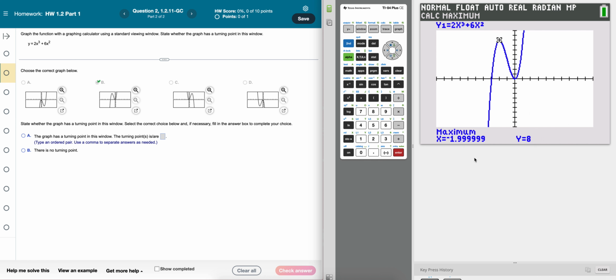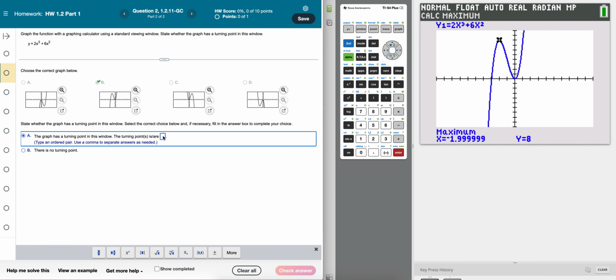So our two turning points are -2, 8, and then 0, 0. So if I were to enter this into MyMathLab, the order of the points does not matter. So you could easily put the 0, 0 first and the -2, 8 second, but you're going to list the 2 points with a comma in between them.